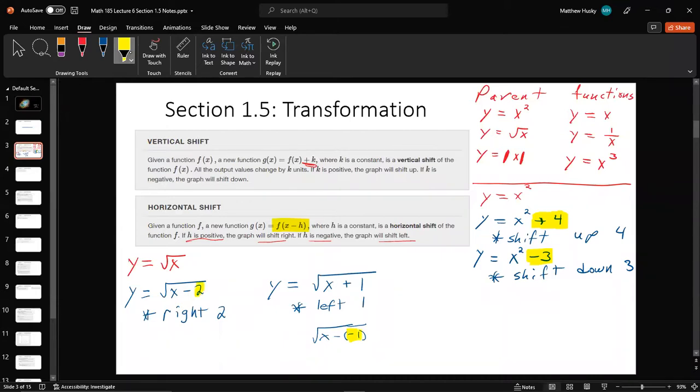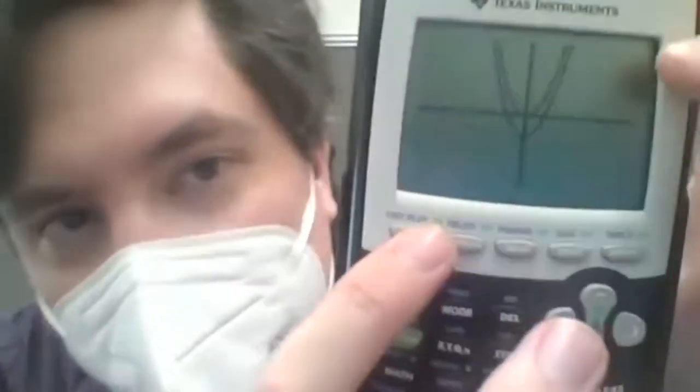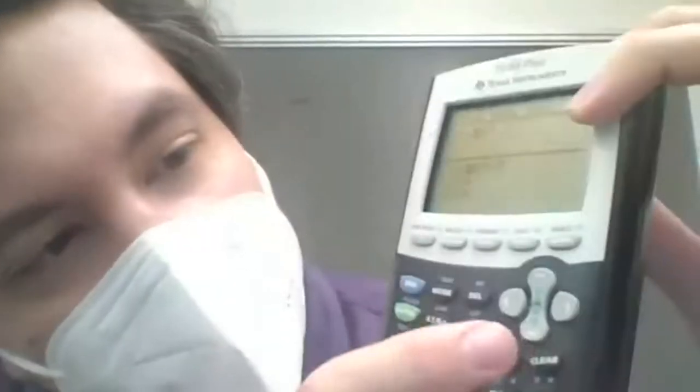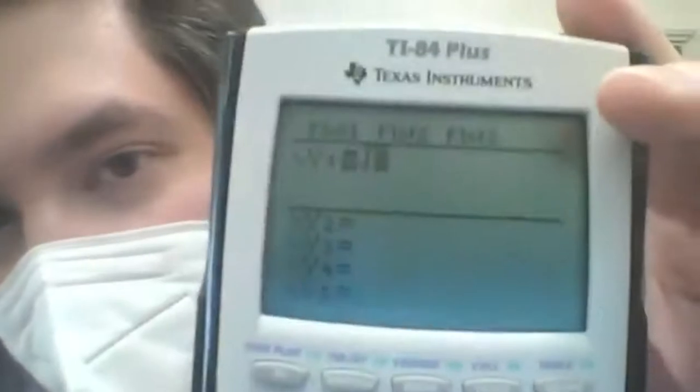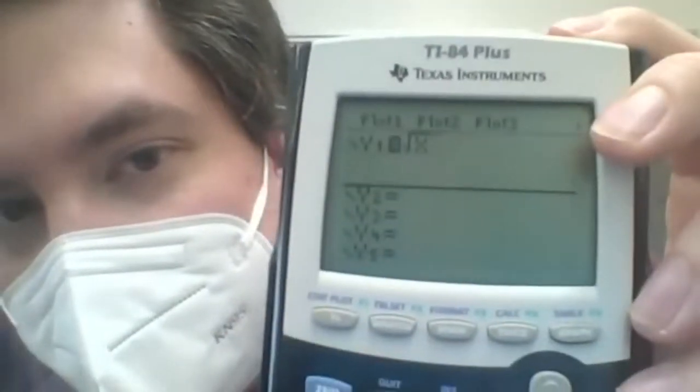So we could do something similar with the graphing calculator here. So if we go to our y equals menu, we can clear out each of these. And clear those out there. So what we can do is if we do second x squared, that's where the square root function lives. You can do the square root of x.